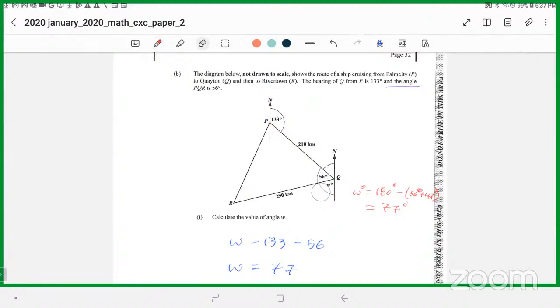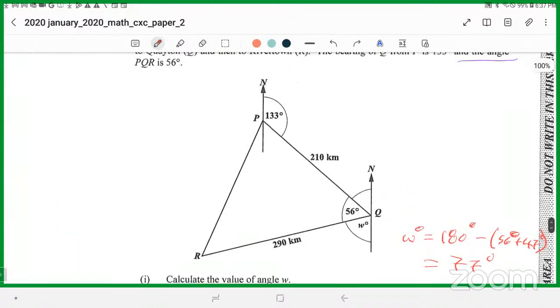We know the W is 77. But this is the from position. So it is like you are at the from position and you face north first. And this is us facing P this way.